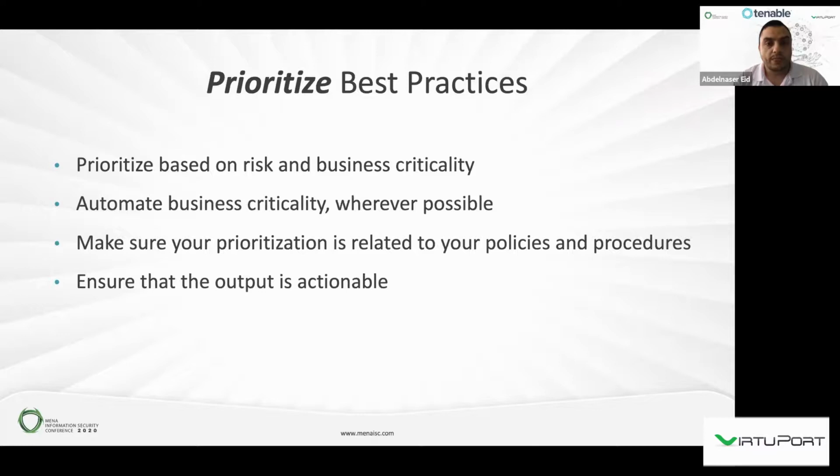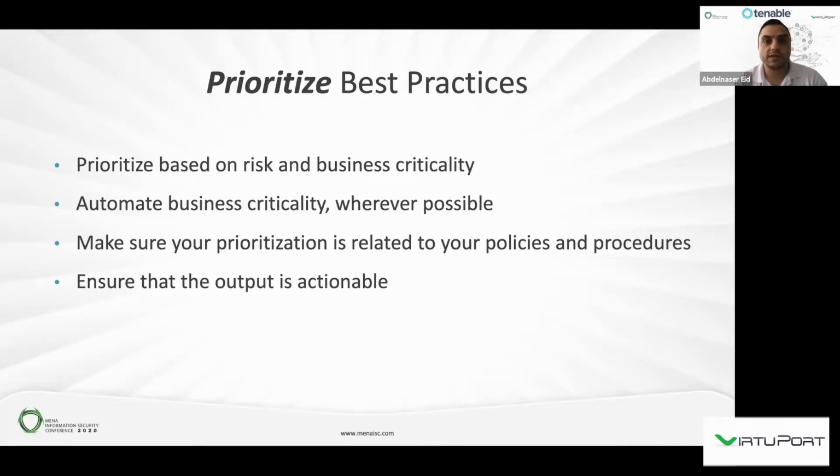Regarding the prioritization, we have to take into consideration the business criticality of the assets. Also, we need to automate the process as much as we can, plus having some static input. It's very important. Plus, this prioritization should be related to our policies and procedures.